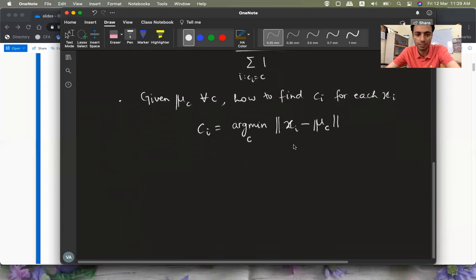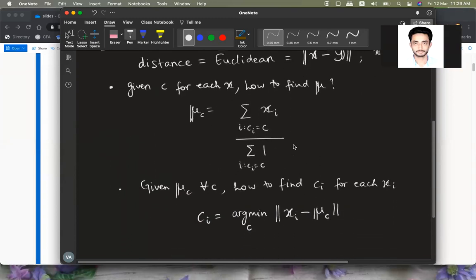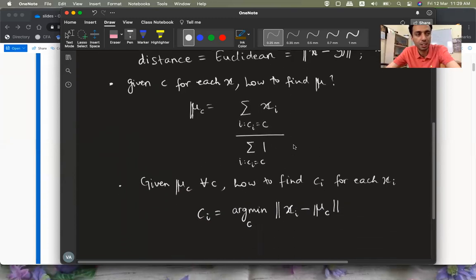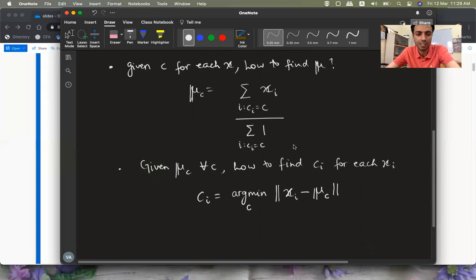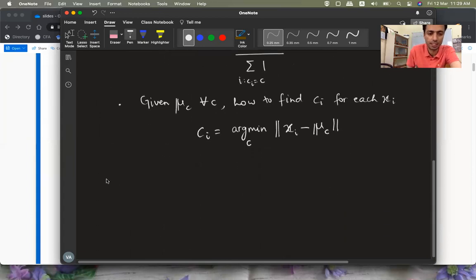Now we will use an algorithm called the EM algorithm, the expectation maximization algorithm. You can see the details in the slides; I will not go through the details. So the algorithm is like that.